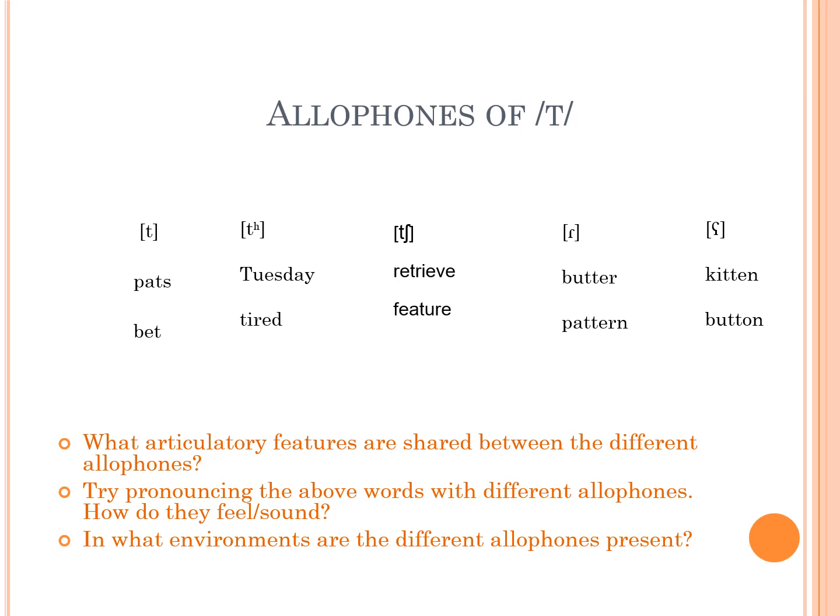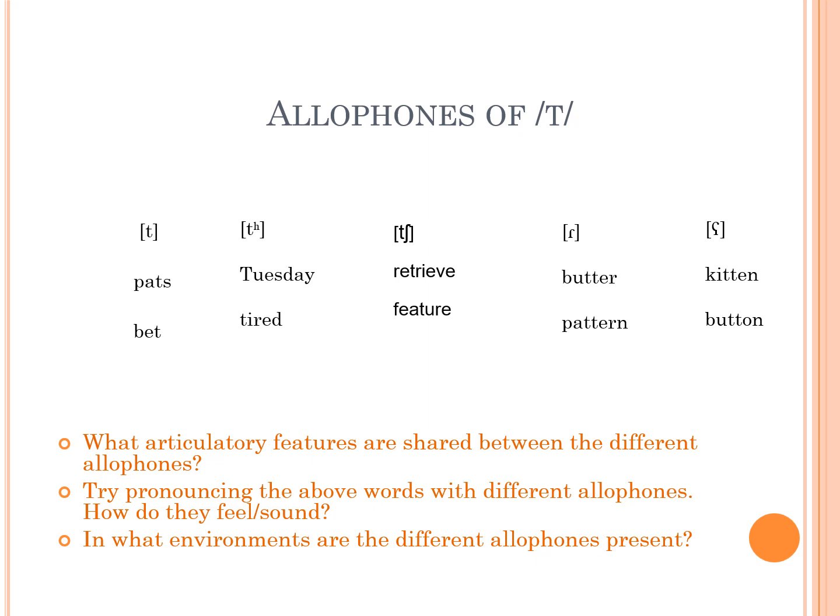And she has these questions on here. I really loved everything that she did about all of this, and I like these questions a lot to think about. What are the articulatory features that are shared between these different allophones? You might try pronouncing the words above with the different allophones and see how they feel or how they sound.